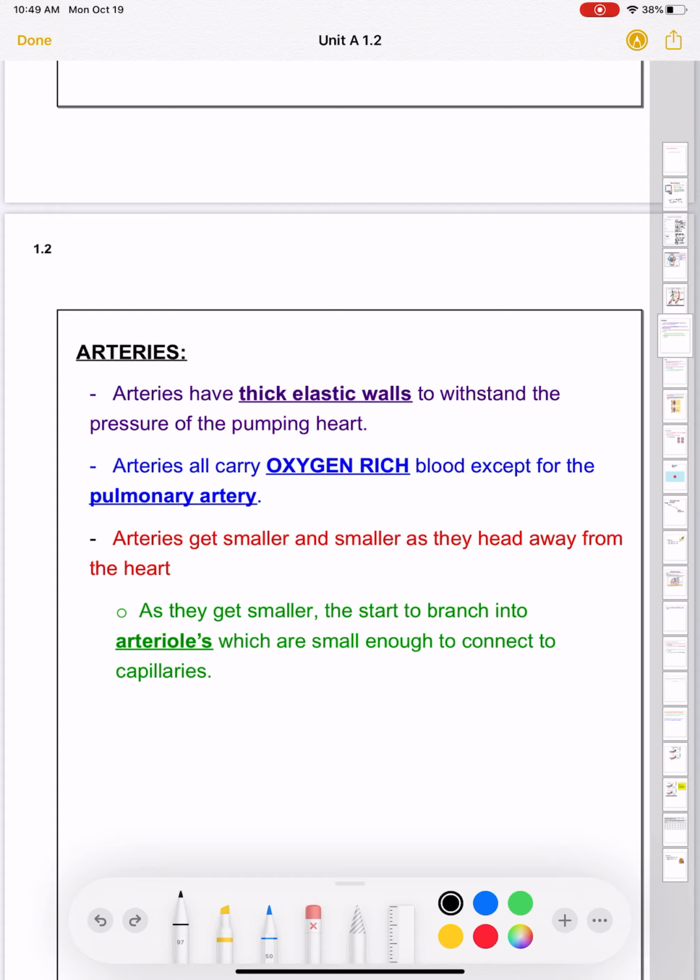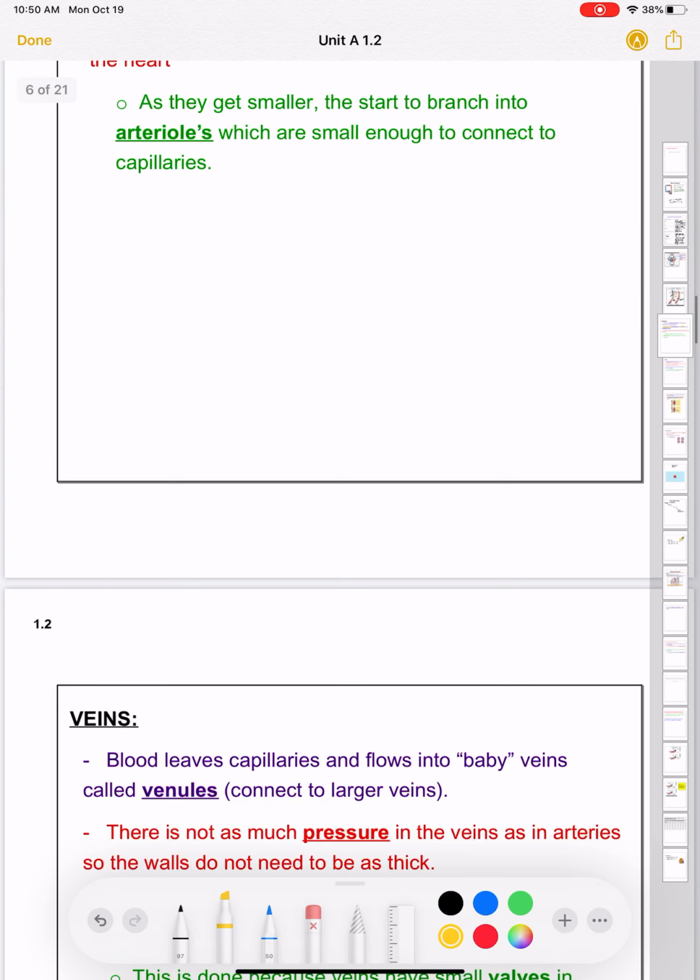Okay, so we already showed you a picture of this, but almost always arteries are carrying oxygen-rich blood, or blood that has oxygen. Our only exception is the pulmonary artery. So that's an exception to the rule, okay? Why? Because it's bringing the blood to the lungs to get oxygen.